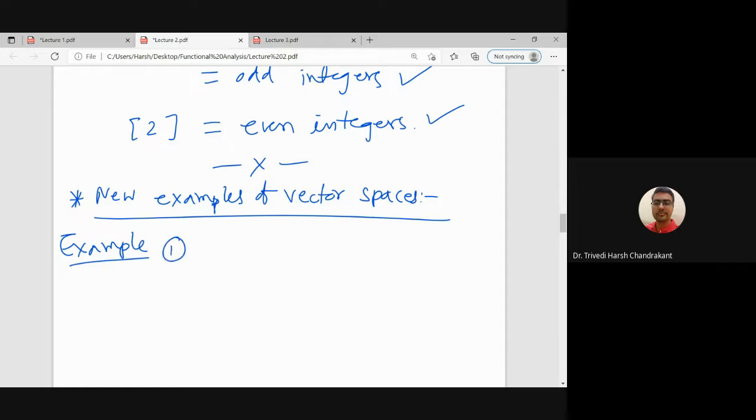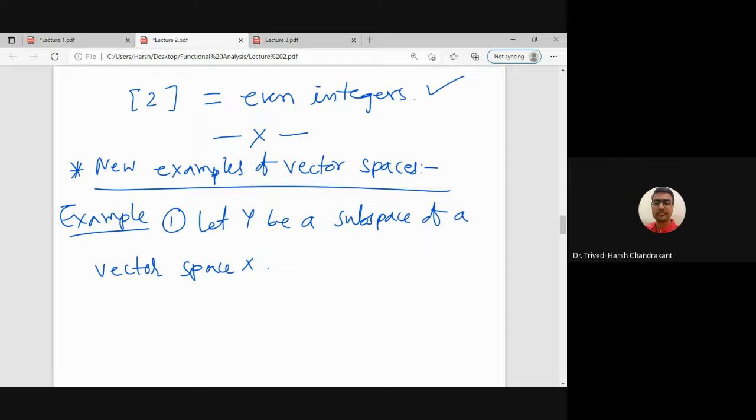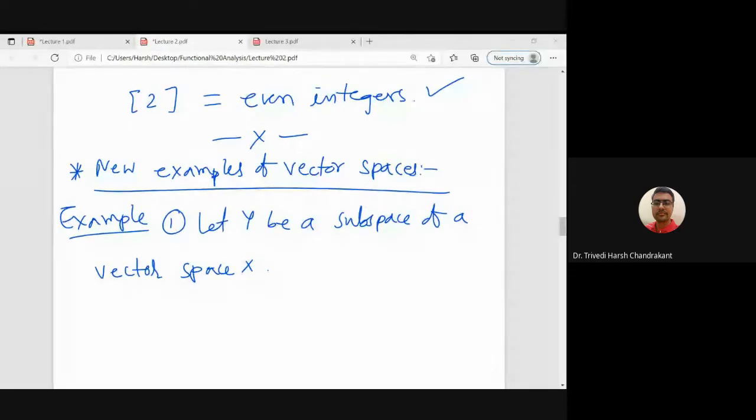That is, if we have a subspace of a given vector space, so let Y be a subspace of a vector space X, then using Y we can define equivalence classes.